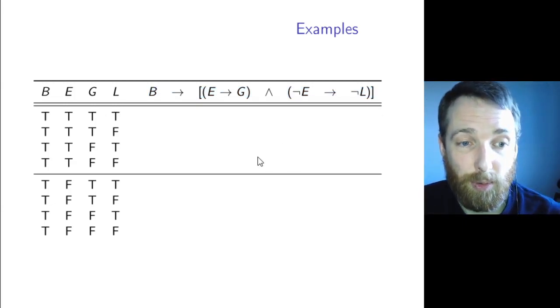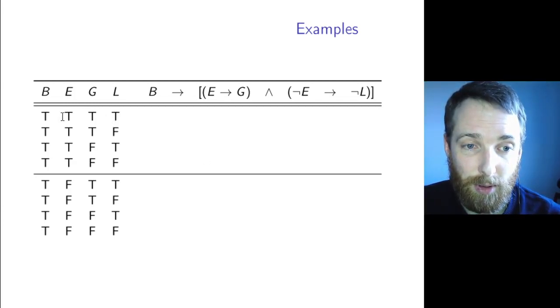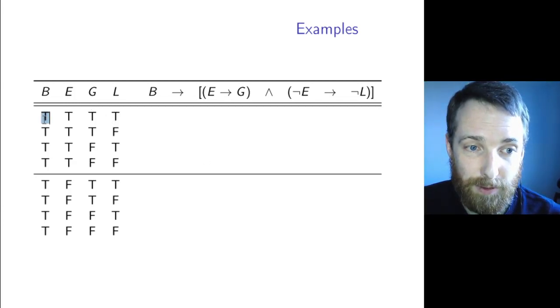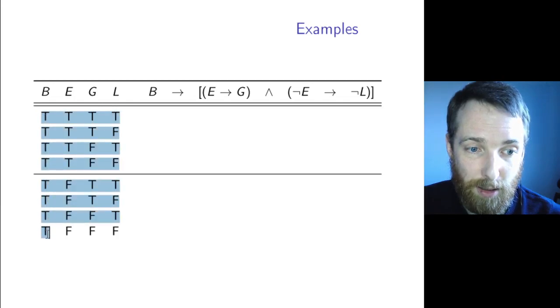Okay, so how can you tell that this is the top half of our truth table? Well, notice that B is true all the way down.